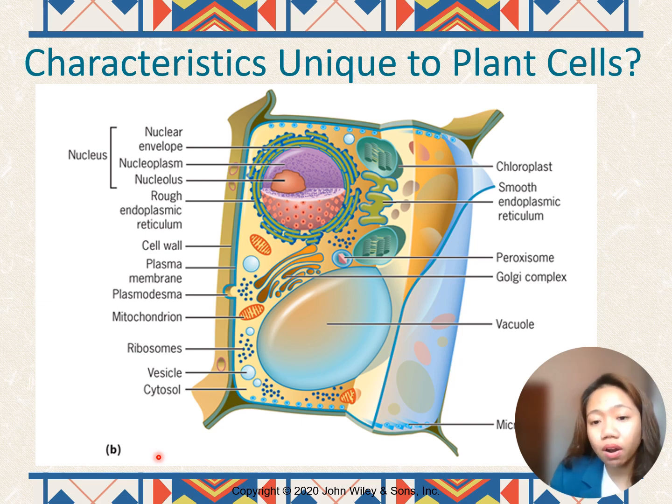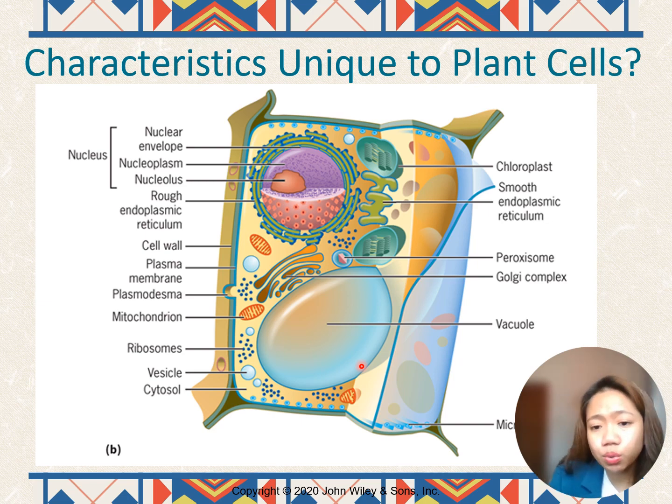These are large structures, usually in the middle of the plant cell. In animal cells, the center organelle is the nucleus, but in plant cells, most of the time the vacuoles are even bigger than the nucleus itself, which occupies the middle space of the plant.